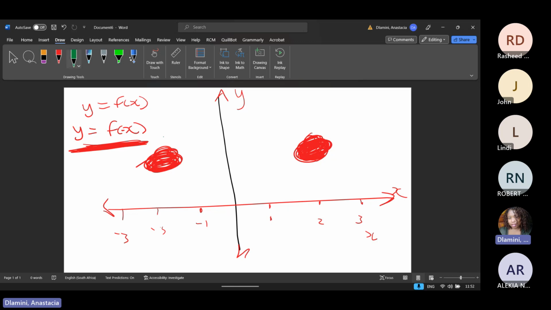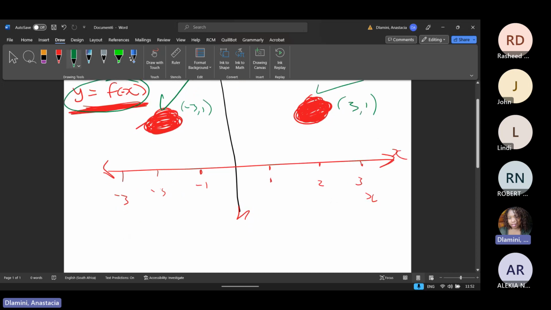So we were asked to draw a graph of the reflection about the y-axis. Our graph moved from this side to this side. Let's say the origin part. That point that was negative 3 and 1 then moved to 3 and 1. So where you see x, you put negative x because it's a reflection about the y-axis.